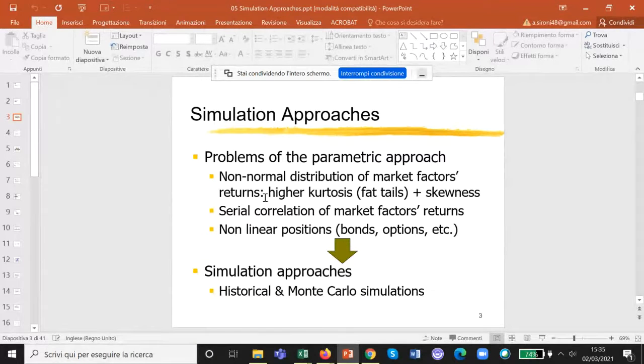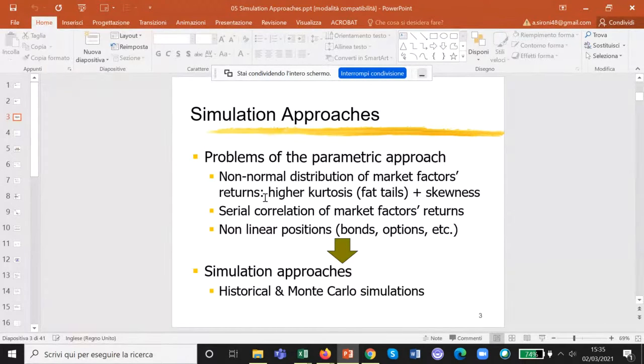First of all, simulation approaches do not necessarily use a normal distribution assumption, okay? They do not assume serial independence, okay? And they take into account the possibility of nonlinear positions.